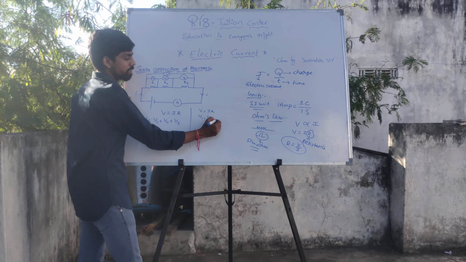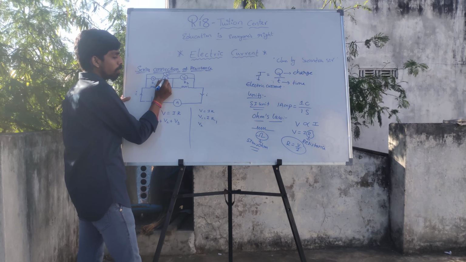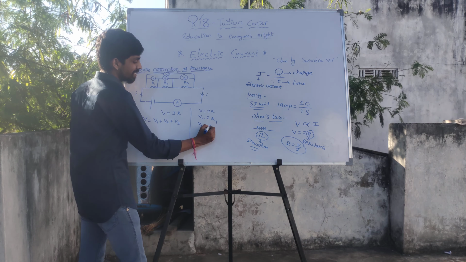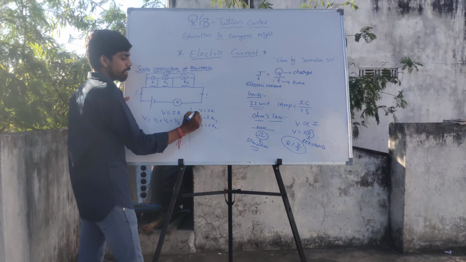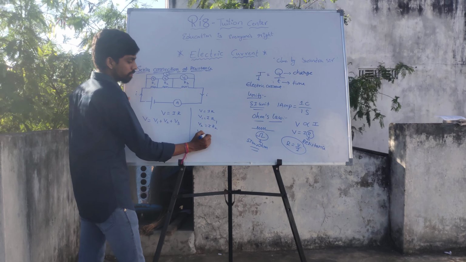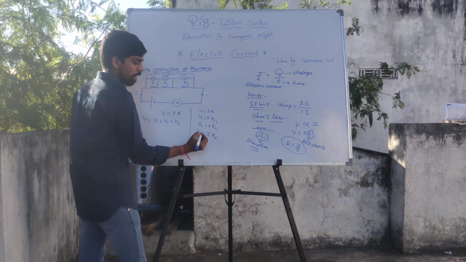For the second resistance, V2 equals I times R2. For the third resistance, V3 equals I times R3.